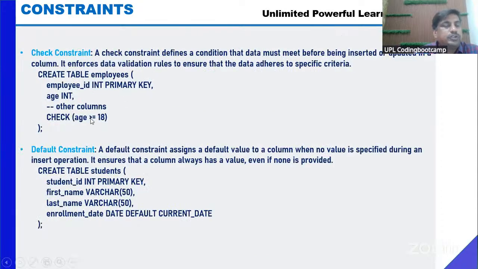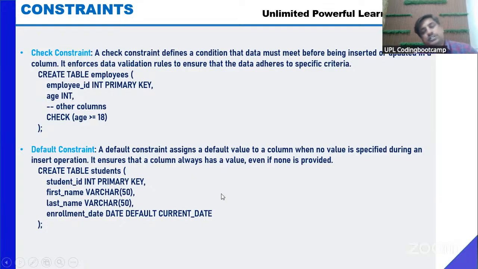Also, we looked into the check constraint. A check constraint defines that before inserting or modifying a record, it can be validated. Similarly, if you want to give a default value to the column, like enrollment date default current date, that means the current date will be inserted here. This is the default constraint.